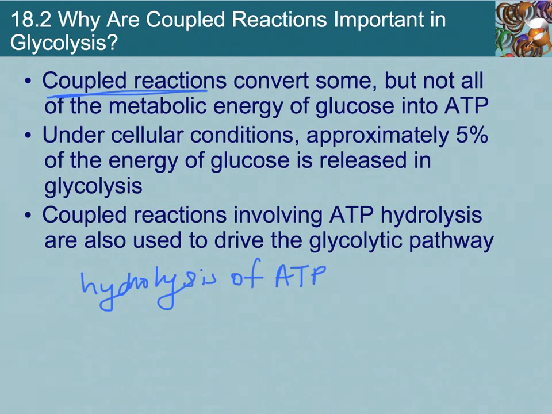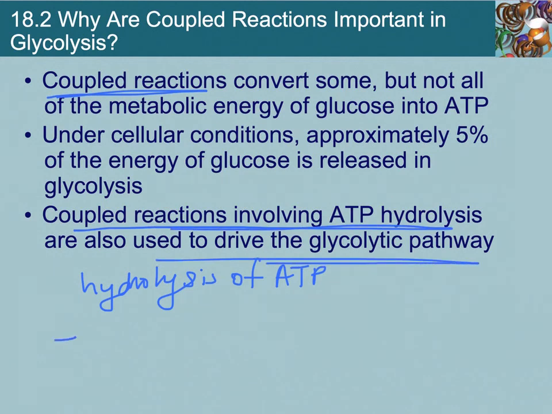There are two such reactions in the first phase of glycolysis where they are not energetically favorable, so they're coupled to ATP hydrolysis to drive the glycolytic pathway forward. When we go through this, you'll see that stage 1 is going to cost 2 ATP molecules.